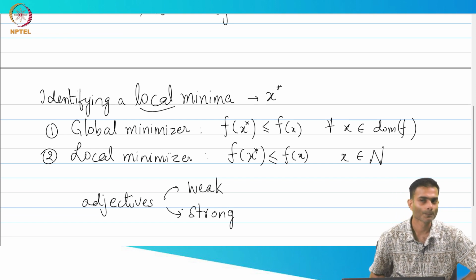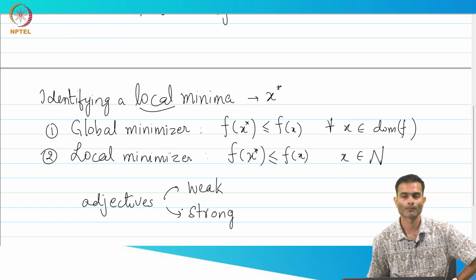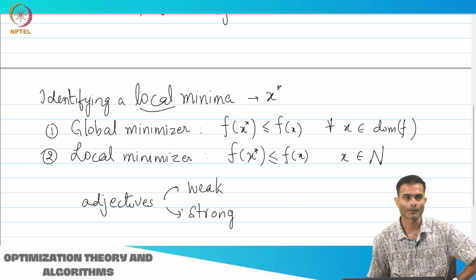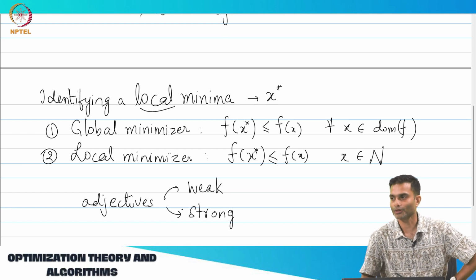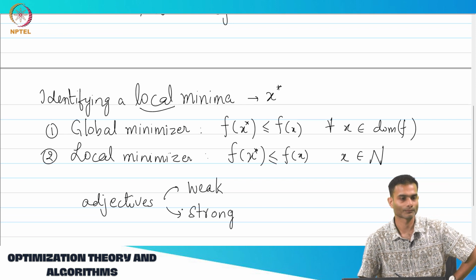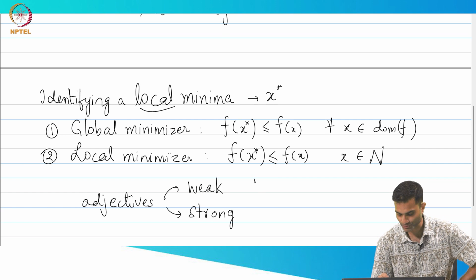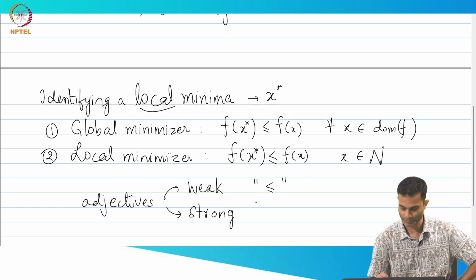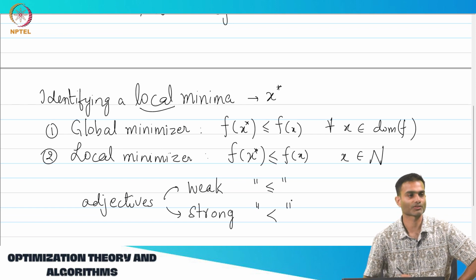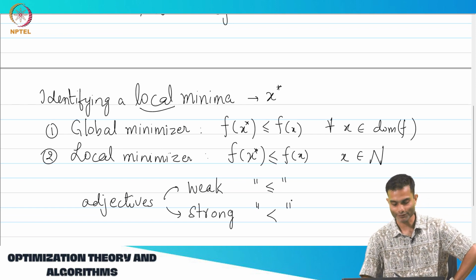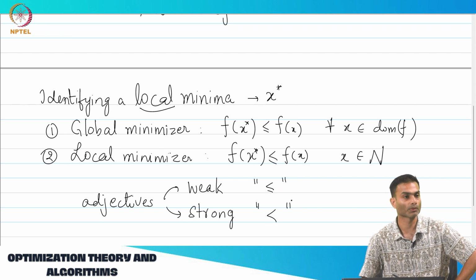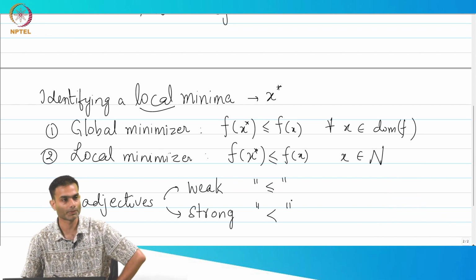Okay, what would be a strong minima? Okay, so it's a little different. If you see less than equal to, it's a weak minimizer. If you see strictly less than, it's a strong minimizer. So I can have a weak global minimizer. I can have a strong global minimizer, right?